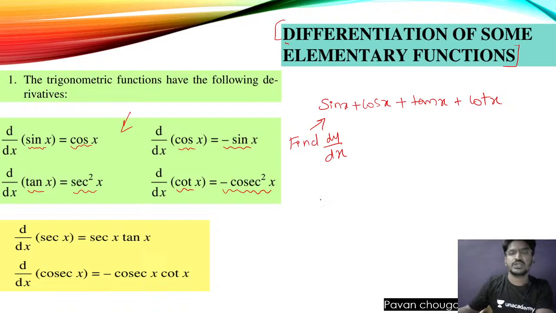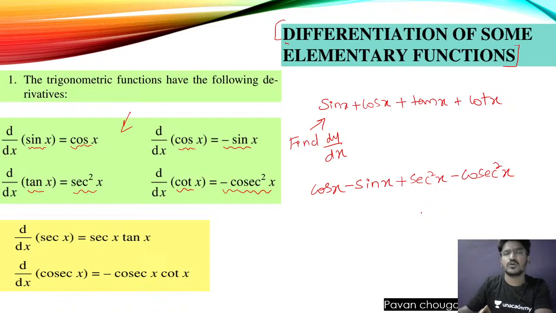For sin x you have to write cos x. For cos x you have to write minus sin x. For tan x you have to write secant square x. For cot x you have to write minus cosec square x. Clear?